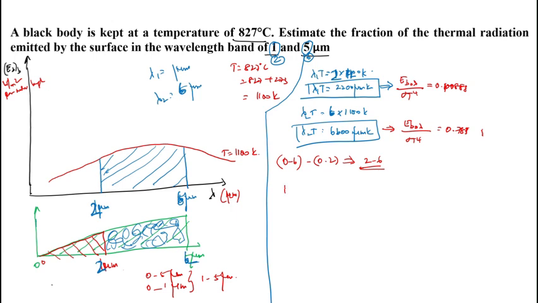Then the fraction of radiation emitted can be written as f of 0 to lambda 1 T, which is equal to EB0 lambda 1 T divided by sigma T to the power of 4. Then f of 0 to lambda 2 T is equal to EB0 lambda 2 T divided by sigma T to the power 4.